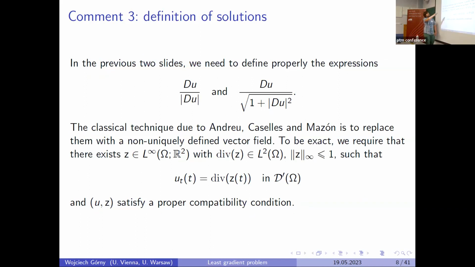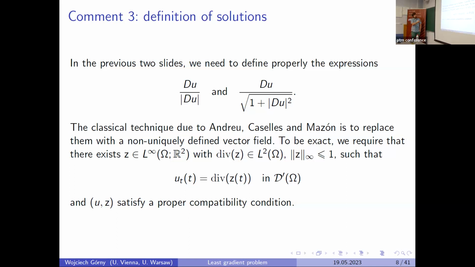Basically, the simplest way that we would think of is to understand it as a Radon-Nikodym derivative of the gradient with respect to the total variation measure of the gradient. Then this is defined only modulus of Du almost everywhere, which doesn't mean that it's defined Lebesgue almost everywhere. But the time derivative is defined, on the other hand, Lebesgue almost everywhere. So these two things are not exactly defined on the same sets.